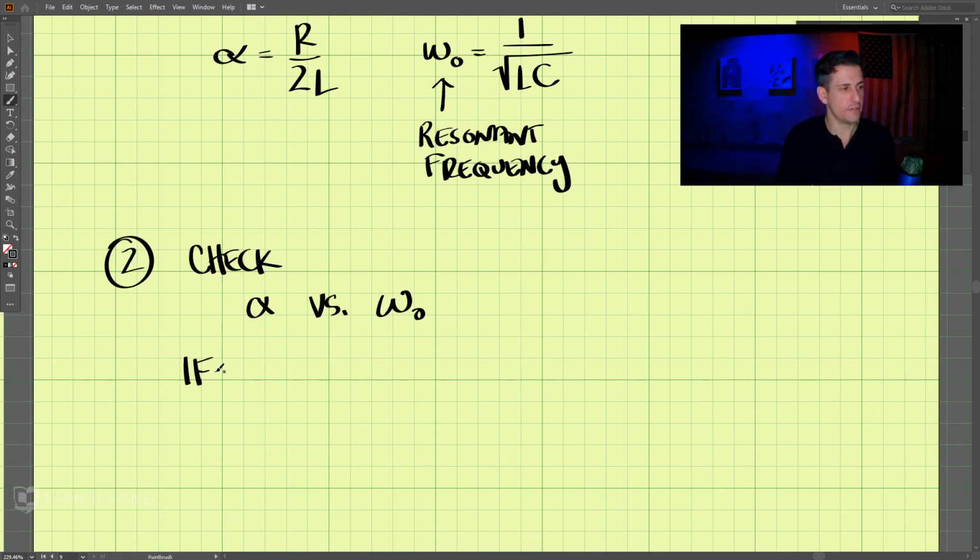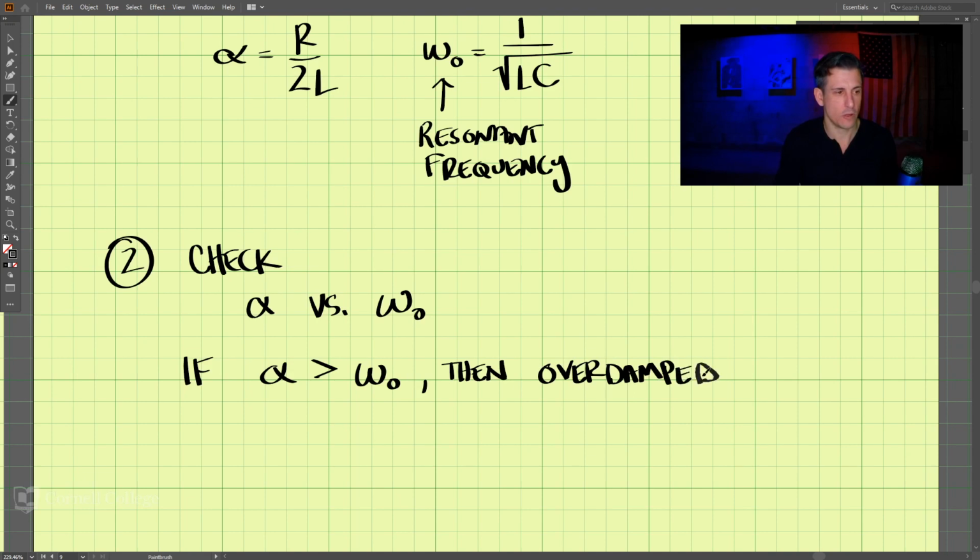So if alpha is greater than omega naught, then we call this overdamped.